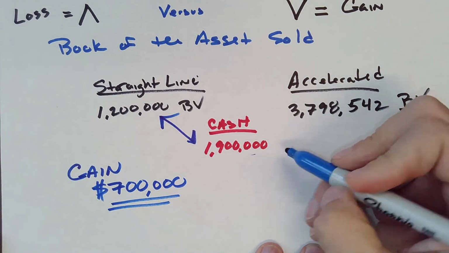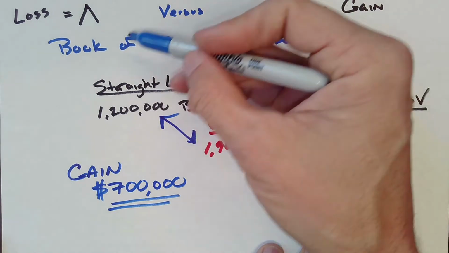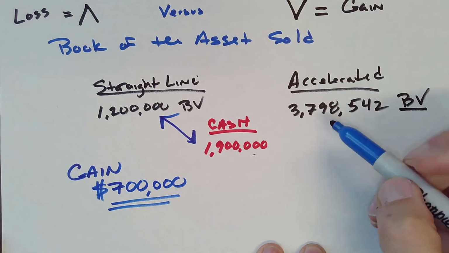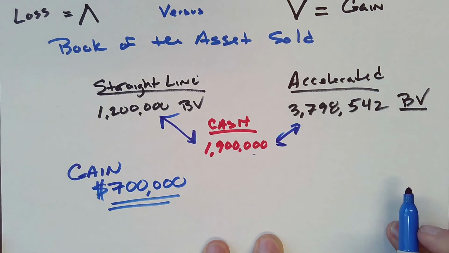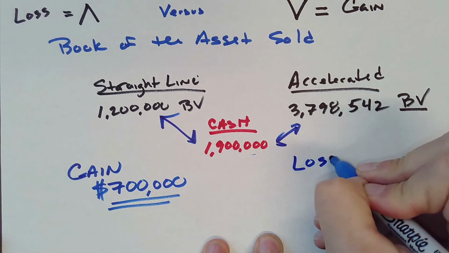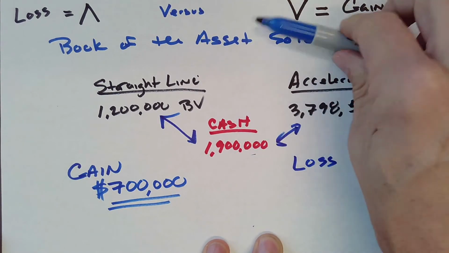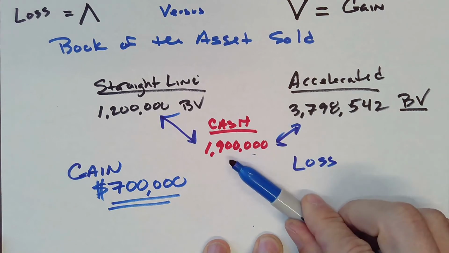Alternatively, here, my book value is greater than the cash received. So the comparison between these is I'm going to have a loss equal to the difference between this 3,798 and the 1.9.